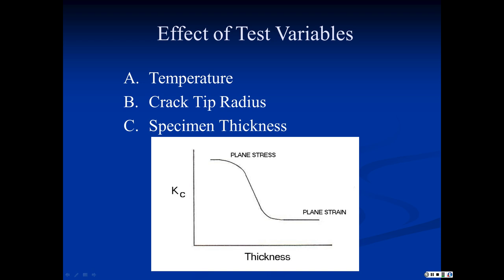But what you need to understand is that specimens have to be thick enough to give you worst-case behavior if you're going to take that data to a large structure that is also very thick and will therefore have plane strain, or constrained, behavior. If your structure is very thin, then it may be acceptable to use thin specimens, but you must be sure that your structure is not giving you worst case behavior. And it turns out it's a little more complicated than just the thickness of the structure.